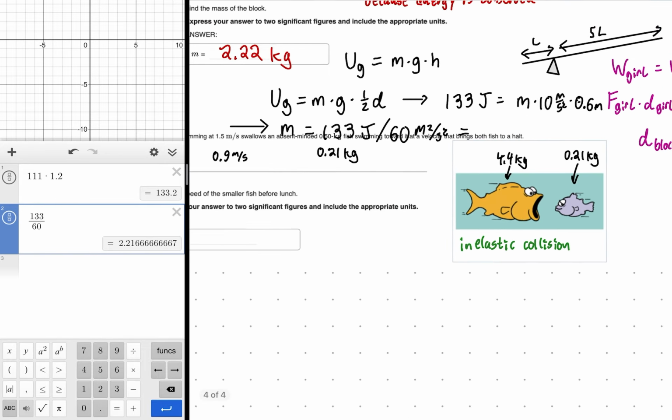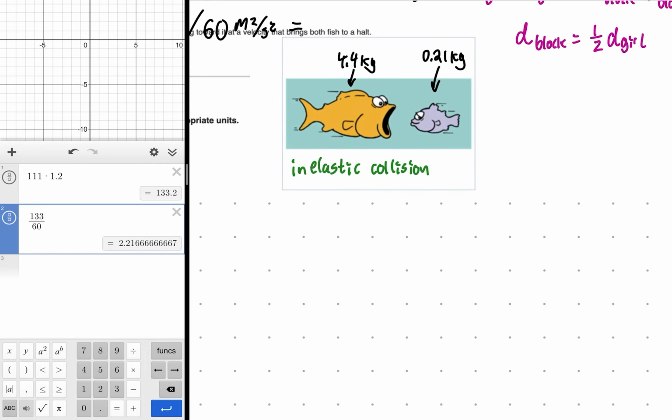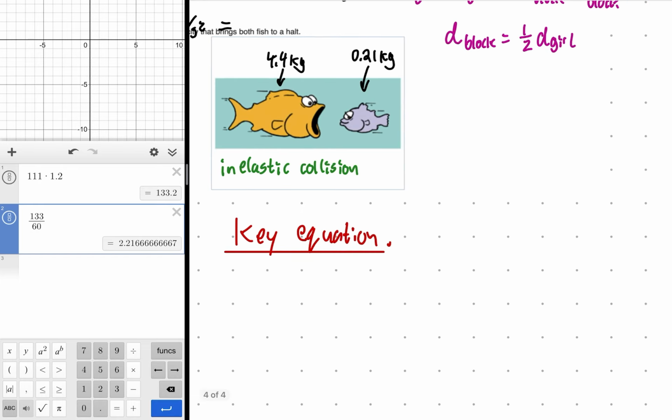Now, what's great about this problem is that we can say, here is the one key equation. So let's go ahead and write that down. Our one key equation for this problem says that we have V1 M1 plus V2 M2. Put a dot on both of those to show multiplication.